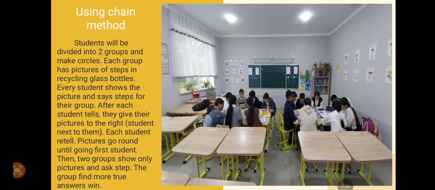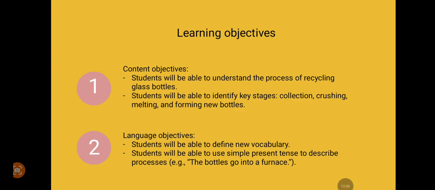Of course, after each student tells, they give their pictures to the student on their right. Each student retells, and the pictures go around until they come back to the first student. Then the two groups show only pictures and ask for the step. The group that finds more true answers wins.